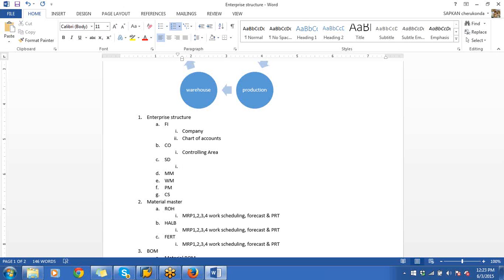But sales and distribution and material management: material management is not reporting to sales and distribution. They're on the same level. It's not that sales and distribution is higher than material management. Within sales and distribution, you have the sales organization, because in order to better manage your business, you want to decentralize the whole country.